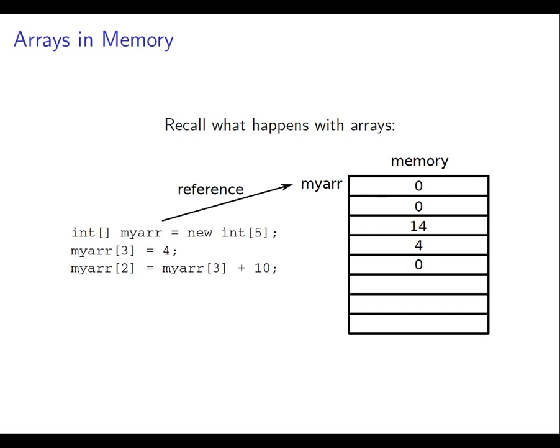That's the first line there. And then we could set and read particular elements of that array using that square bracket notation. But the key thing we observed was that the name myArray was referring to a particular chunk of memory, at least conceptually.